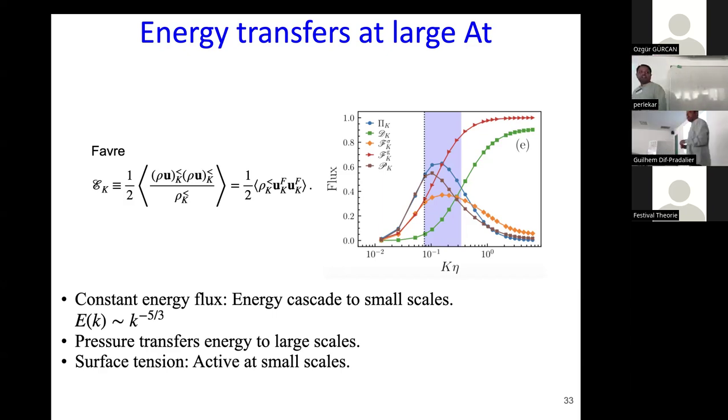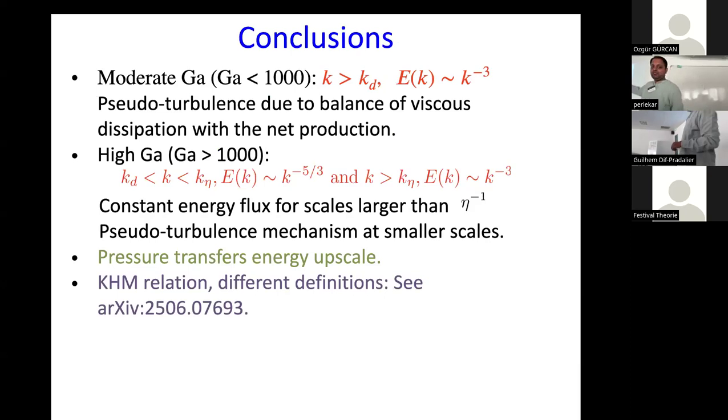So the pressure can do a transfer, and depending upon the scenario you're looking at, it could actually be forward or backward. It's a priori not clear. In the bubbly flows that we are looking at, the numerical evidence shows that it's transfer to large scales. And that's where I will stop, and that's more or less the message.